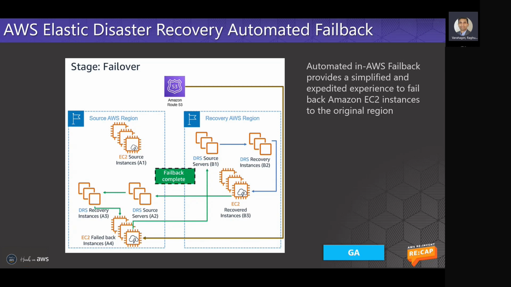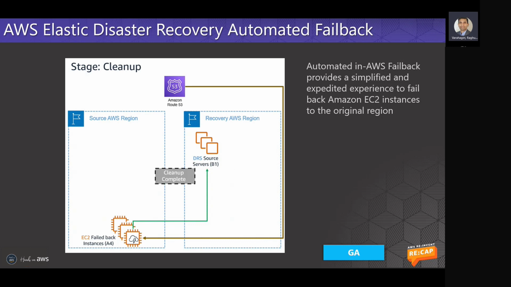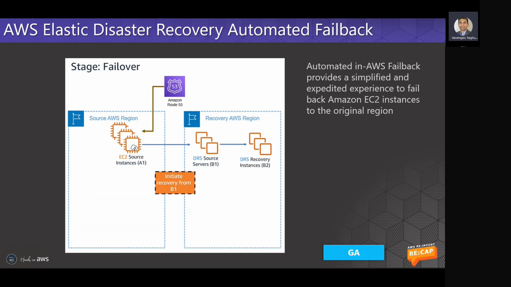Now, that's usually not the end of the story. And eventually, when you figure out what's wrong with your primary environment and fix the issue, you want all your traffic and workloads to start running in your primary environment once again, and the backup goes back to being a backup, right?